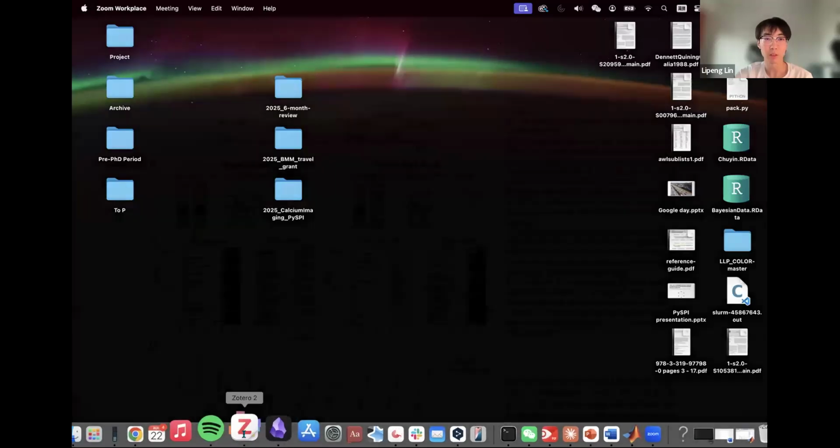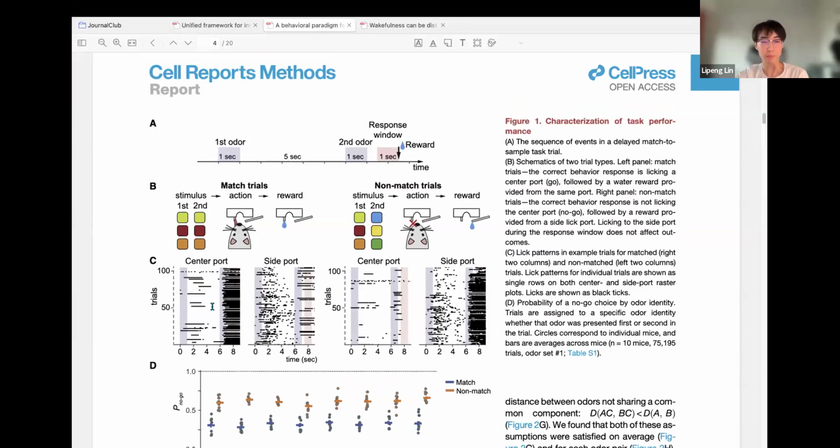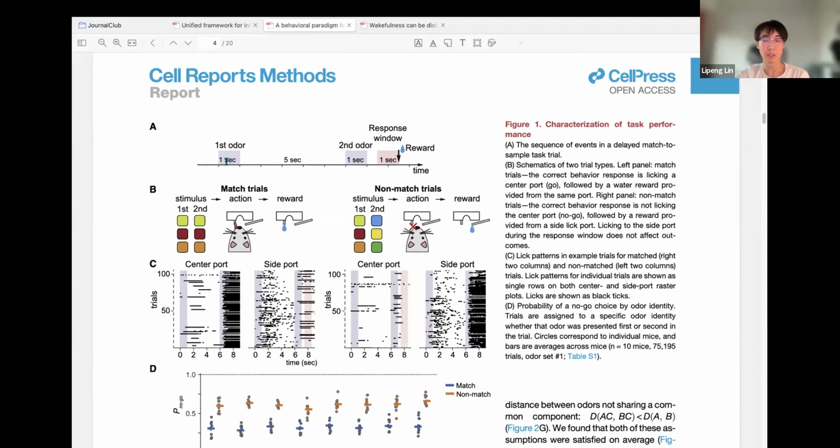I should share the screen. It will be much more clear. Here, what we are going to see is the timeline. The first block is the presentation of one stimulus, and the second block is the presentation of the second. Then the mouse should lick or not lick at these reddish blocks.